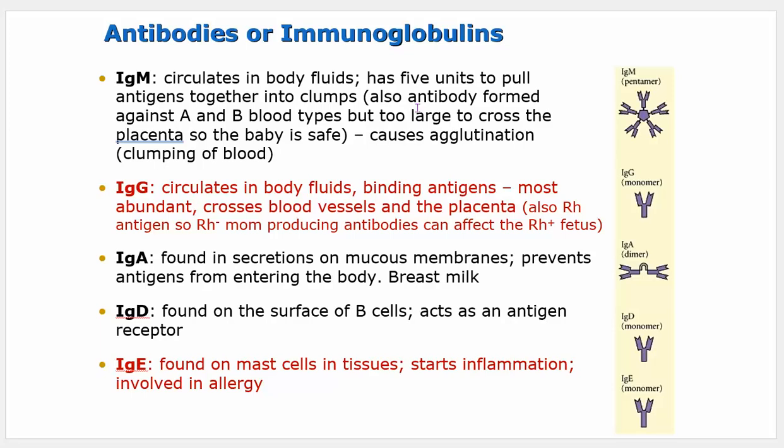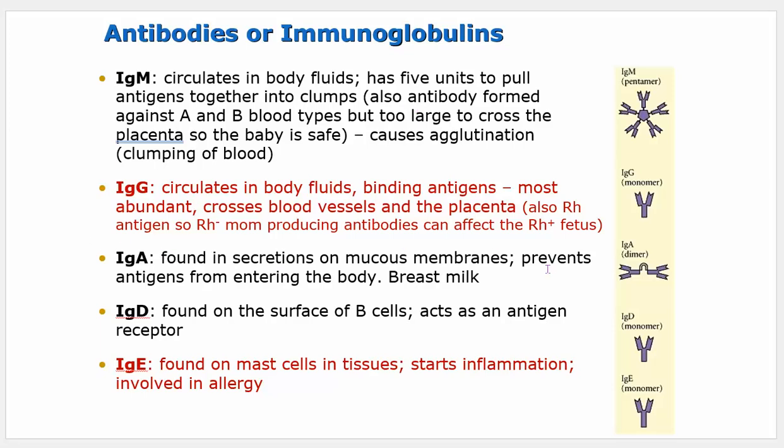So if she tries to have another baby that is also Rh positive, like O positive, she's going to have antibodies, and they're IgG, so they can cross that placenta and they can actually kill the baby. All right.